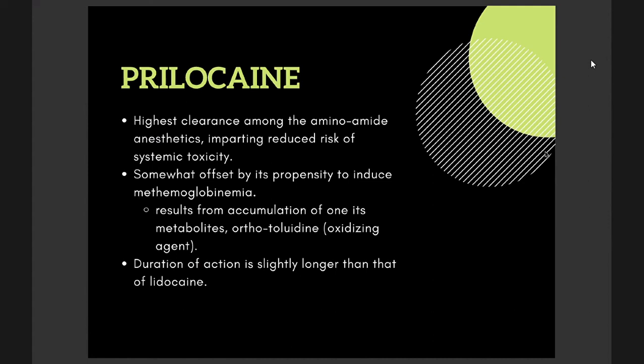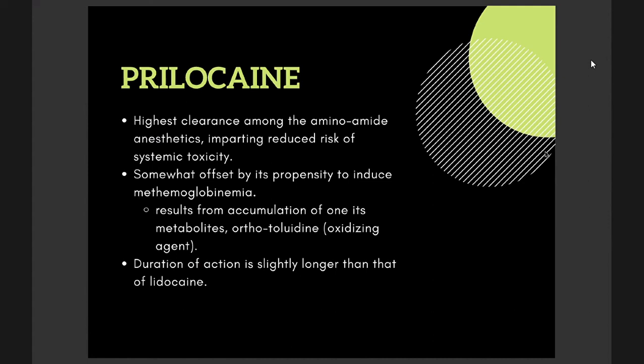The methemoglobinemia results from the accumulation of one of its metabolites, which is orthotoluidine. Orthotoluidine tends to oxidize hemoglobin to methemoglobin, so it is an oxidizing agent.